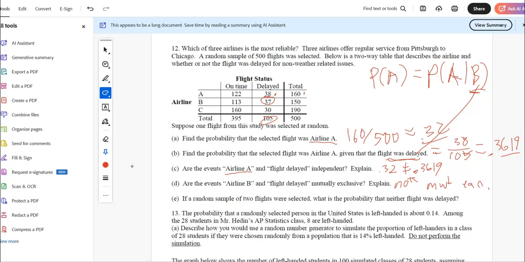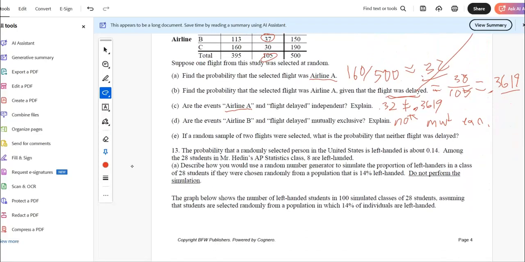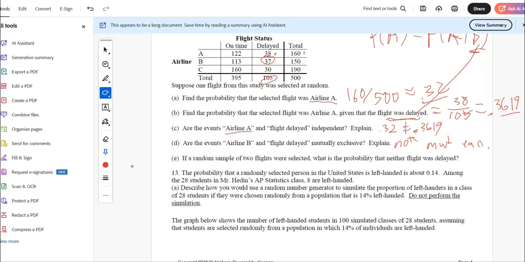Boy, you got to read carefully. Random sample of 2 flights is selected. What is the probability that neither flight was delayed? This is kind of a weird question. Okay, so 2 flights were selected. So any 2 flights, I guess, that neither flight was delayed. Let's just find the probability that the first flight is delayed.